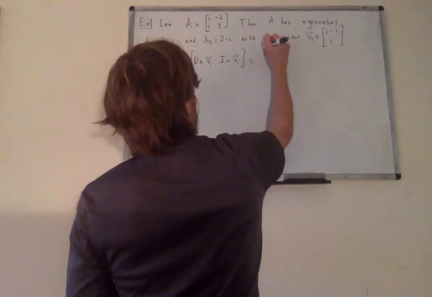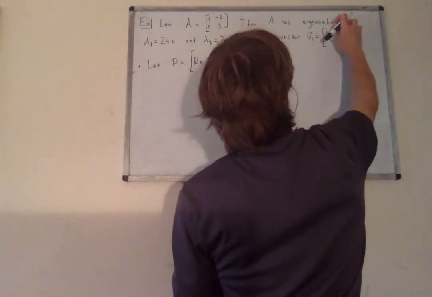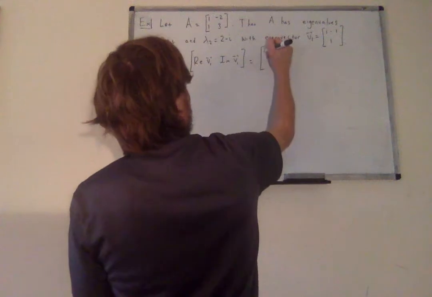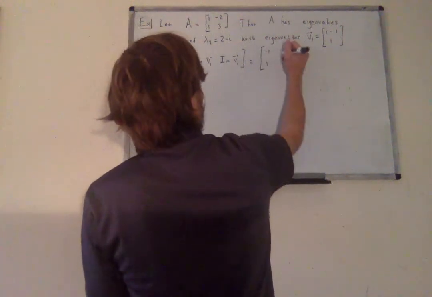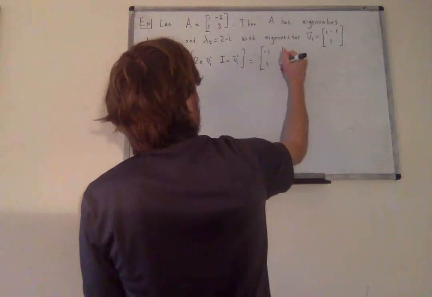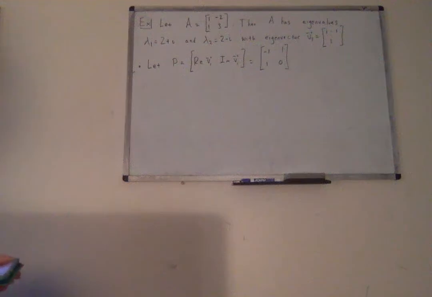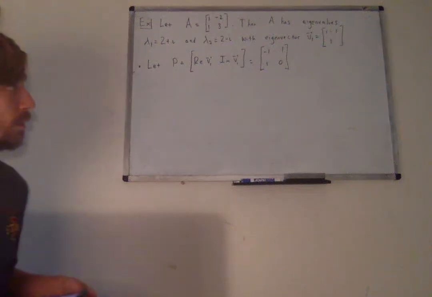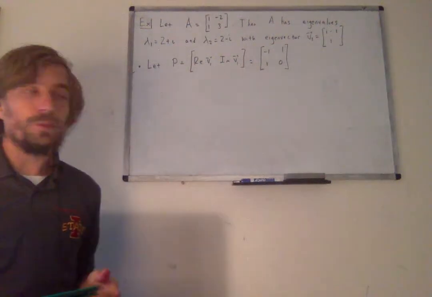Notice here the real part of v1, oops, this should be i minus 1, is the vector negative 1, 1. And the imaginary part of v1 is the vector 1, 0. Certainly looking at these two columns, they are not linearly dependent, right?